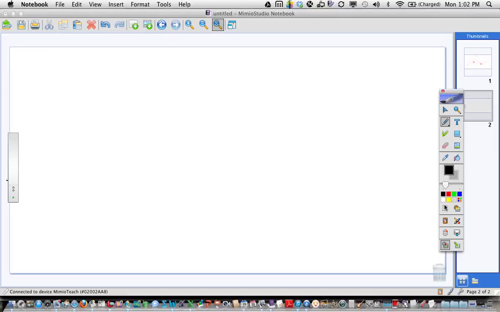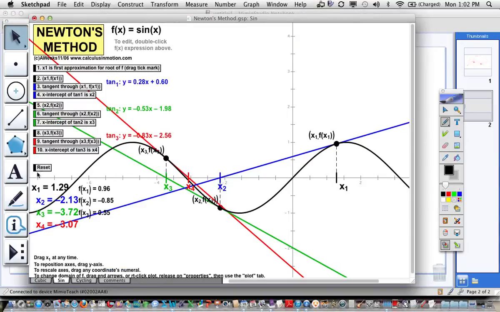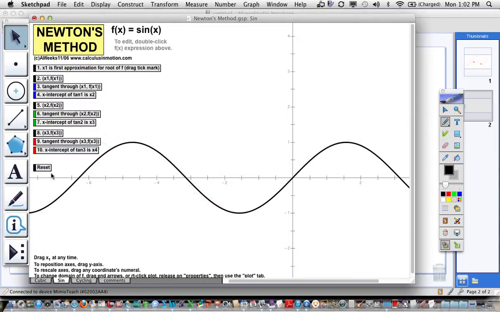We're going to talk about this thing I've written on the board up here, called Newton's method. Okay? Newton's method is a method for finding the roots of an equation. What are the roots of an equation? Where it crosses the x-axis.